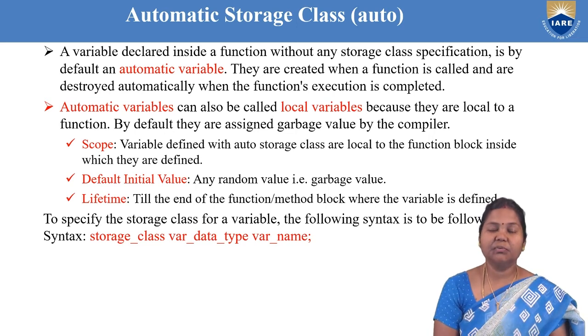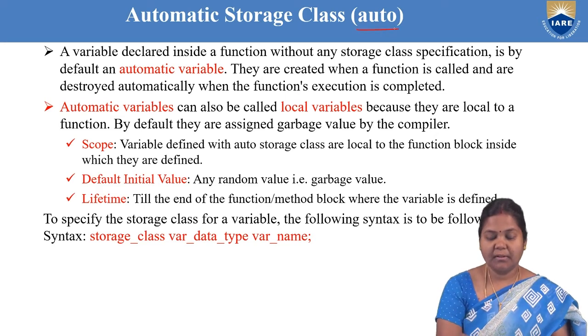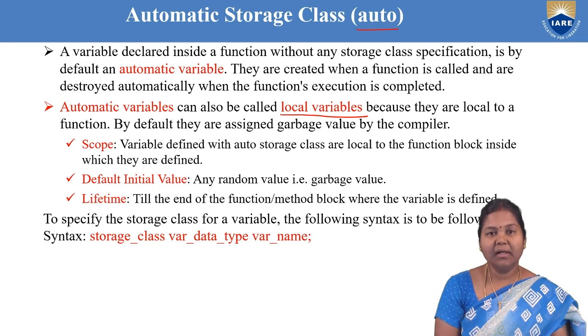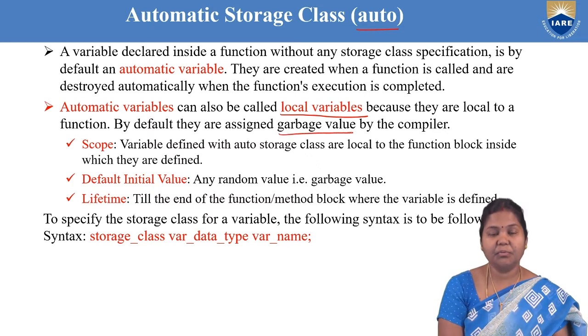The keyword used for defining the automatic storage class is auto. These automatic variables are normally local variables, because they are local to a function, within the scope of the function. By default, they are assigned a garbage value by the compiler.